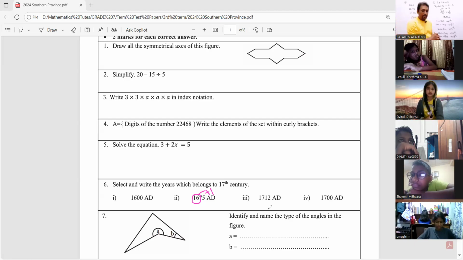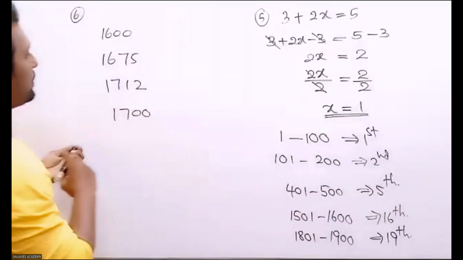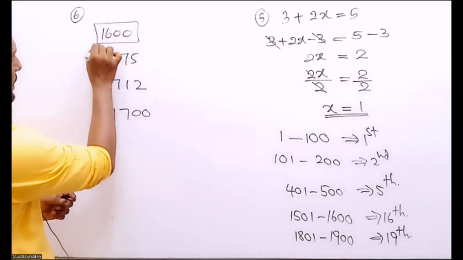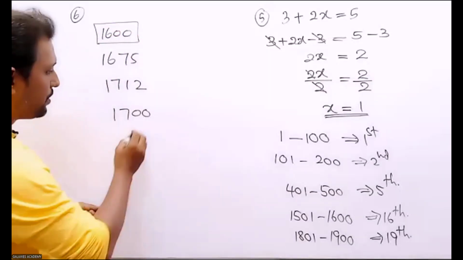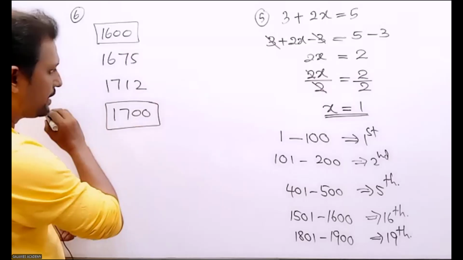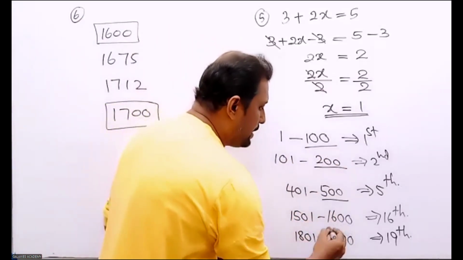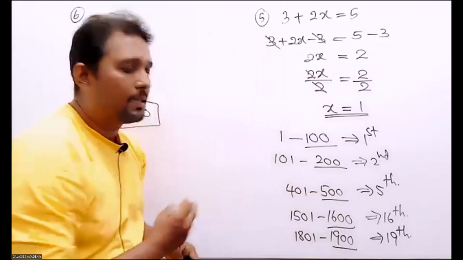Right, now look at how you can get the centuries. This one is a multiple of 100, and this one also is a multiple of 100. So a multiple of 100 should be the last year of a certain century.